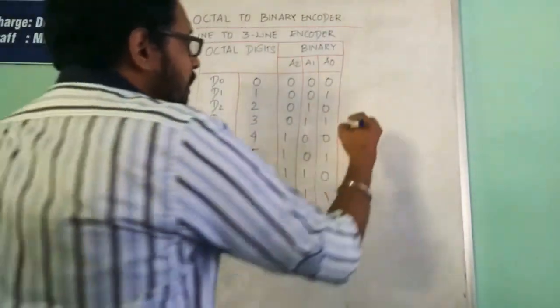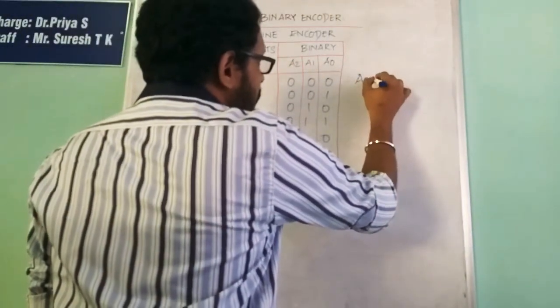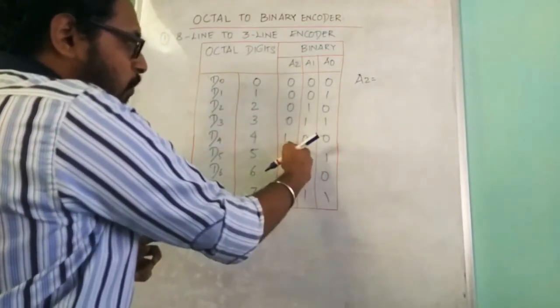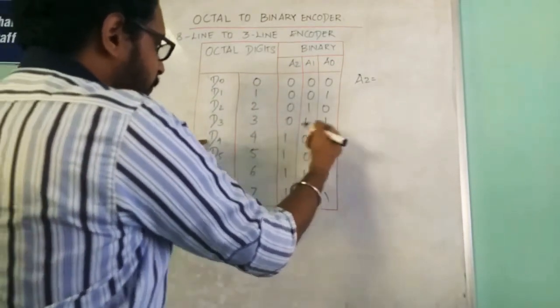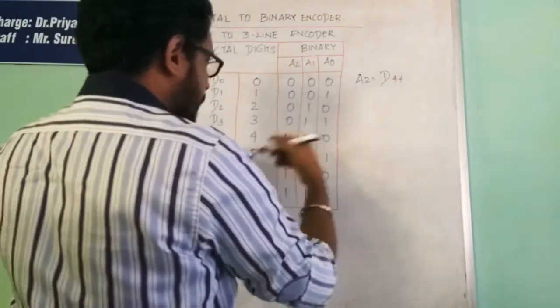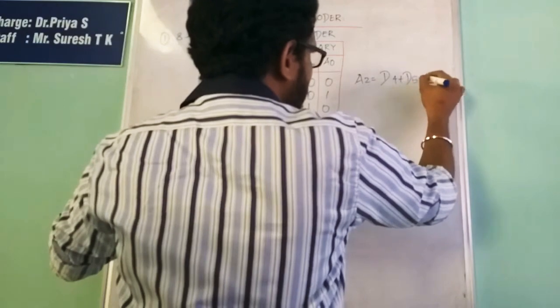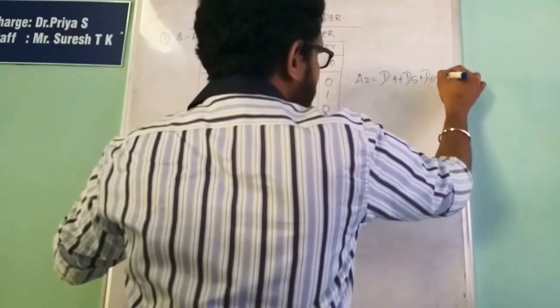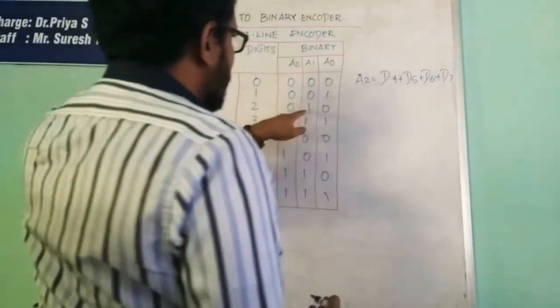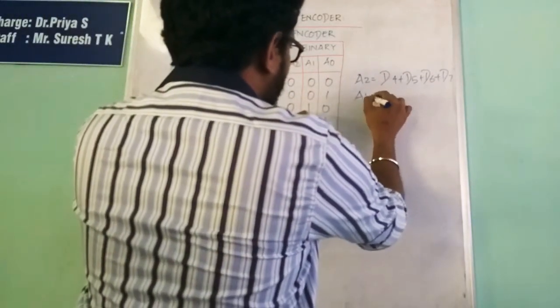A2 is equal to, see, this is 1 in this case, so we write this as D4 plus D5 plus D6 plus D7. Next is the expression for A1.